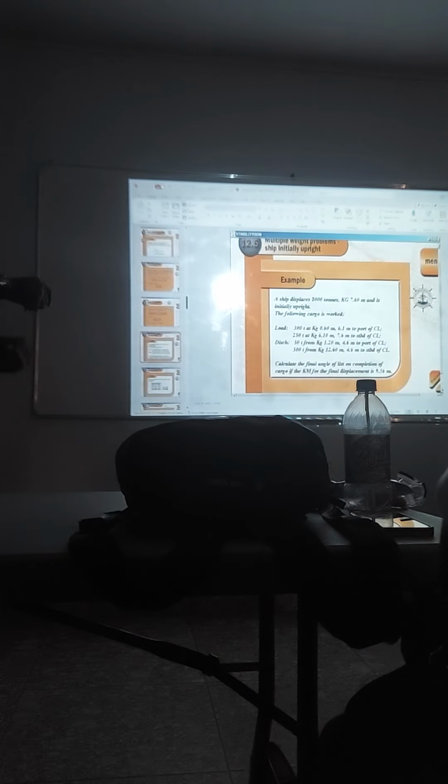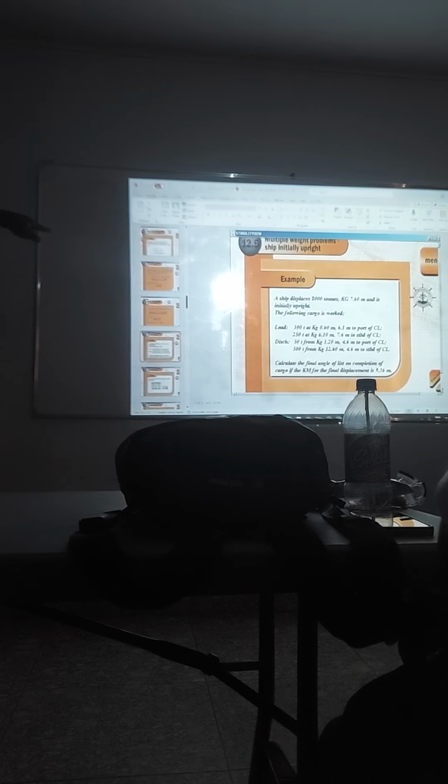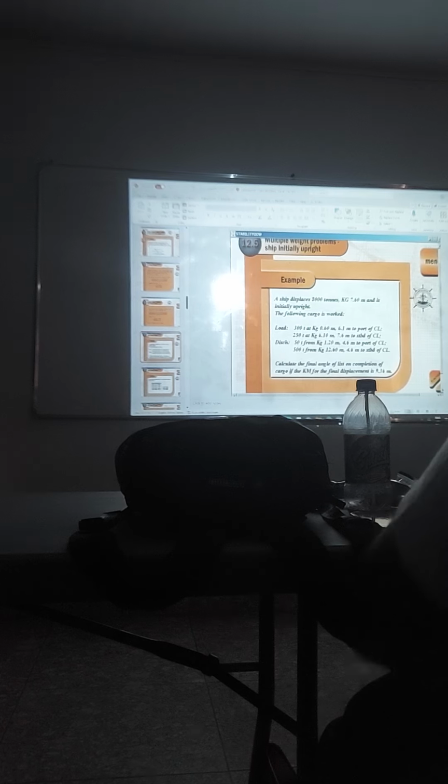A ship displaces 8,000 tons, with a KG of 7.6 meters, and is initially upright. The ship is upright. So if the ship is initially upright, it means that there is its final displacement, that 8,000 tons, because it is initially upright.